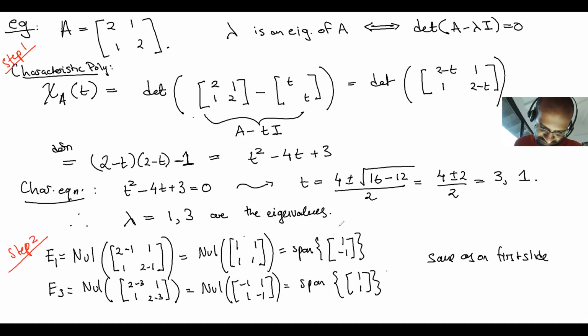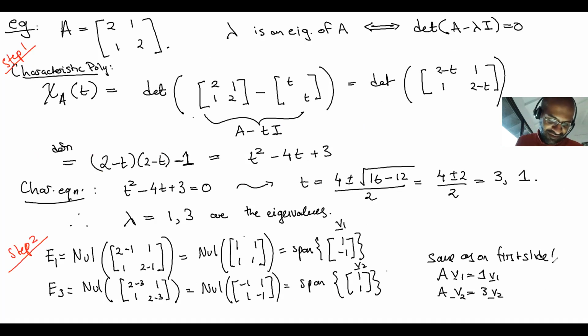If I call these vectors, let's say v1 and v2, then you have the property that A times v1 is equal to 1 times v1, and A times v2 is equal to 3 times v2. And we checked that already on the first slide.